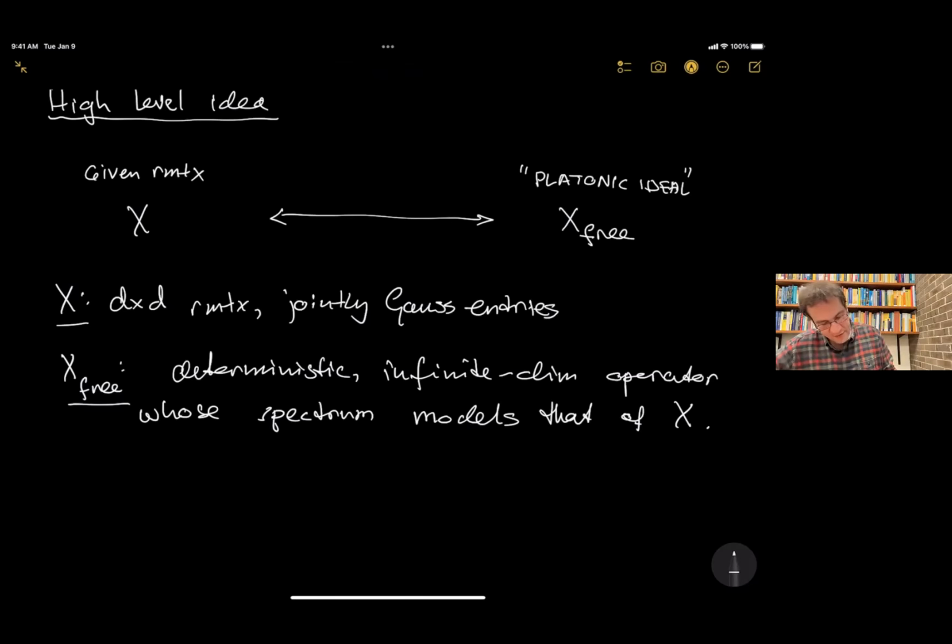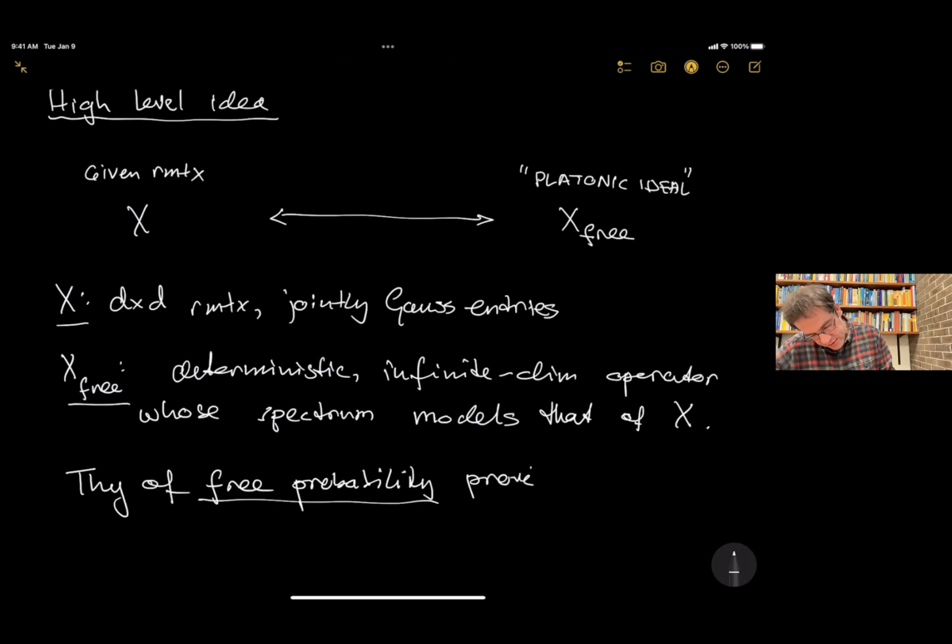And in fact, free probability does much more for us. The theory of free probability provides a kind of calculus that allows us to compute the spectrum of X free basically by explicit formulas.